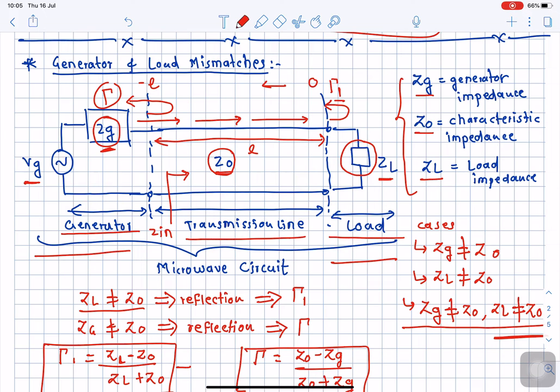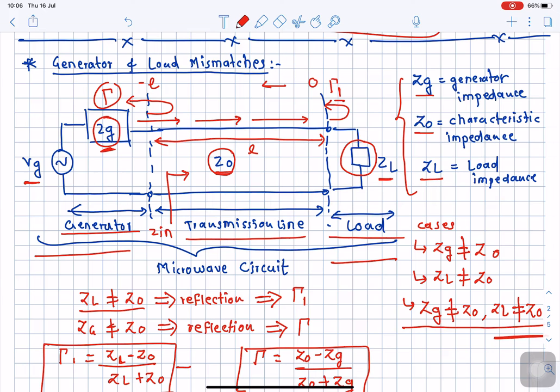In order to avoid that reflection we need to design a matching circuit. So that's why we are here to illustrate why impedance matching circuits are used: to minimize or entirely remove the reflection. The reflection may happen because of mismatch between the impedances.